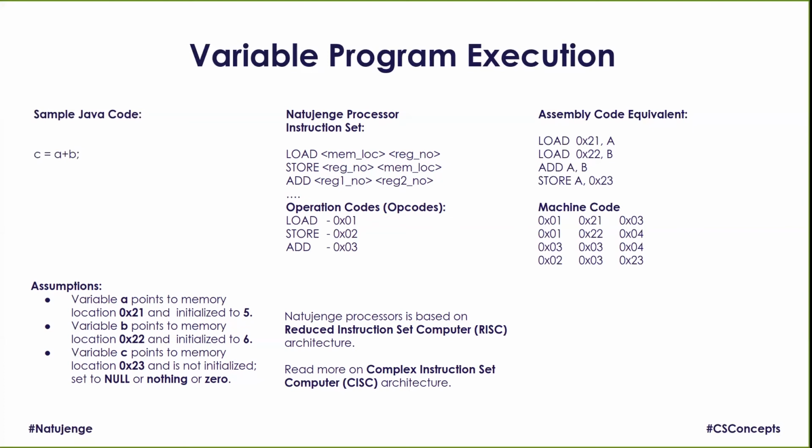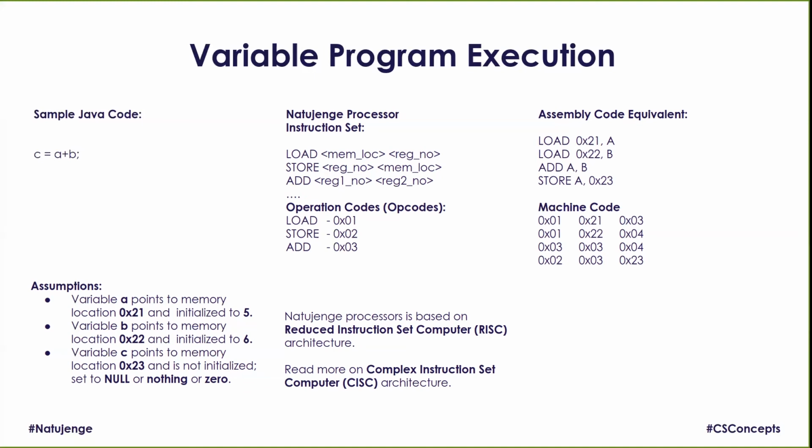The variables could have different names, but the registers, we know we have register A and B. Once the data is in the registers, we can tell the CPU to add the two numbers in register A and B. And then once the addition has happened, we tell the CPU to store the data in location 23. Those 4 instructions basically represent the one Java instruction that we have seen.